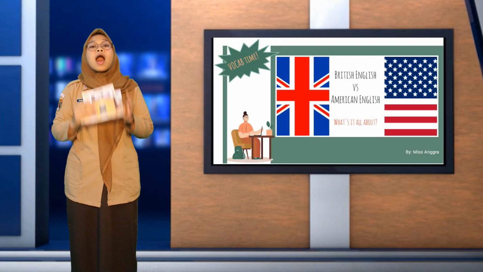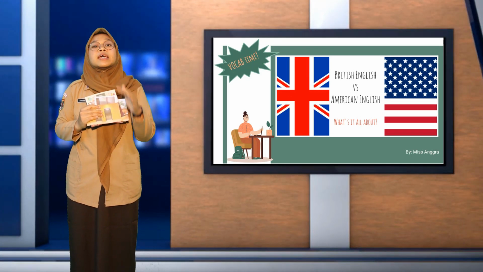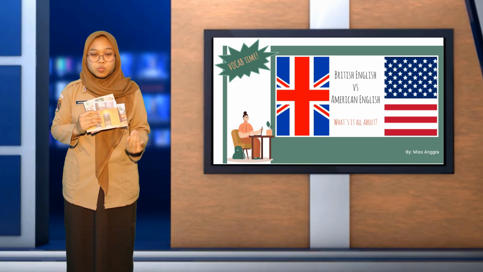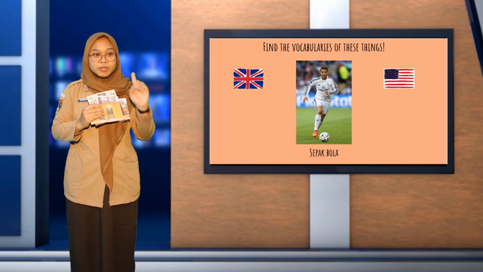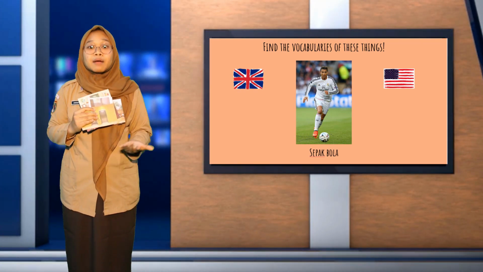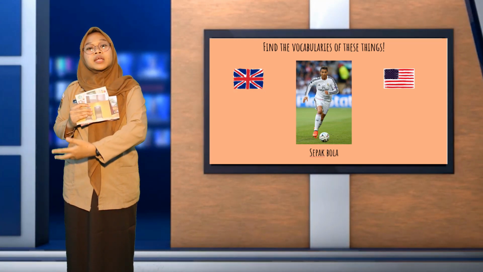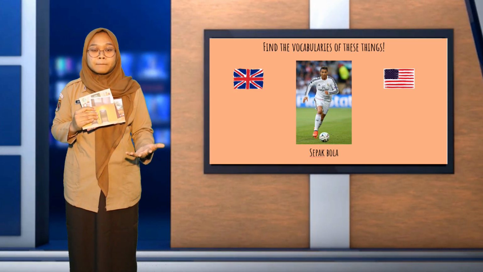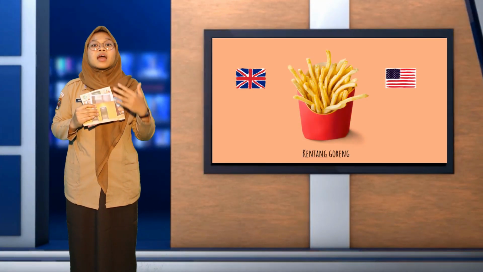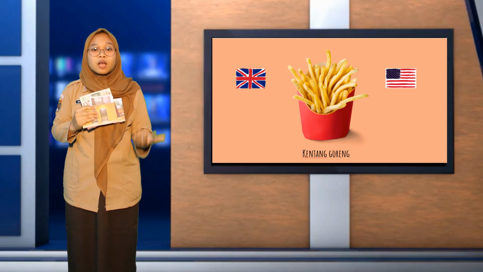Okay, right now, I want to challenge you to find out the vocabularies in British English and American English of these words. The first picture is the picture of sepak bola. Okay, you find the British English and American English of sepak bola. The second one is kentang goreng. What is the British English and American English of kentang goreng?